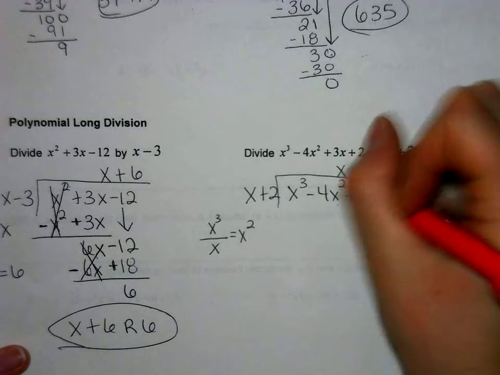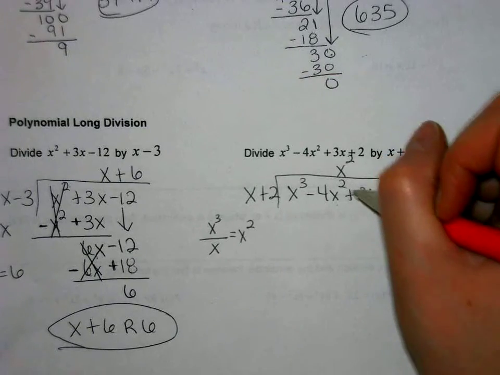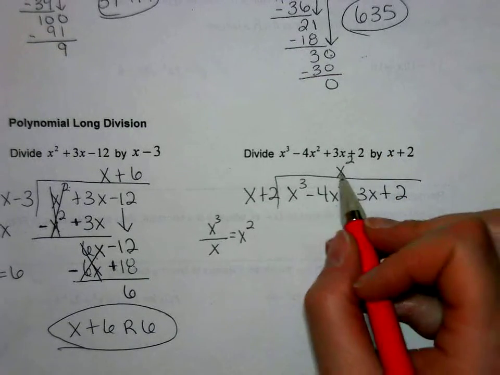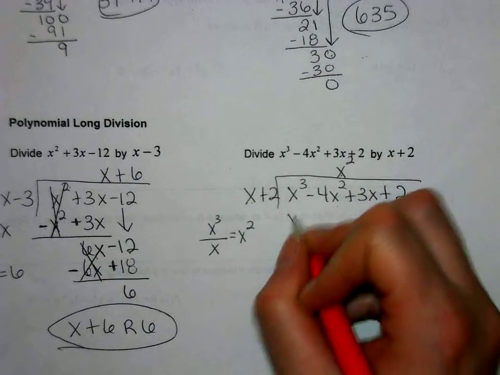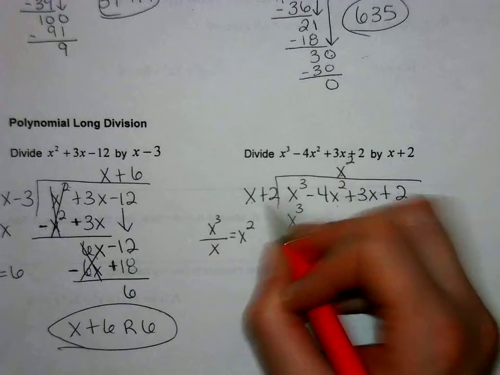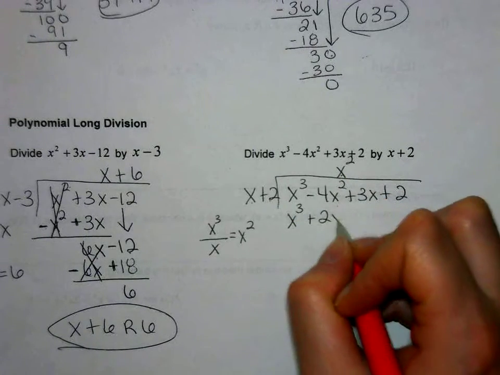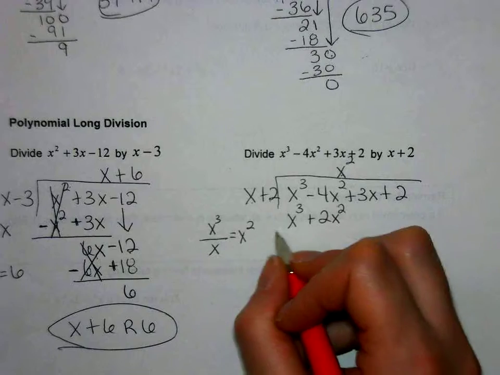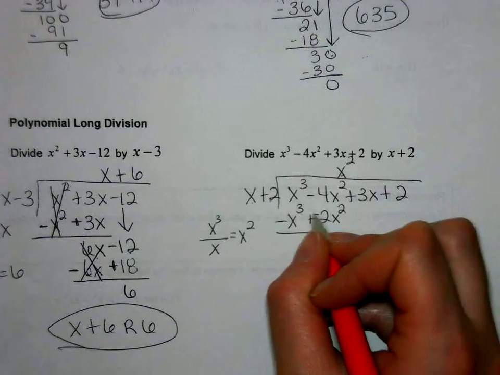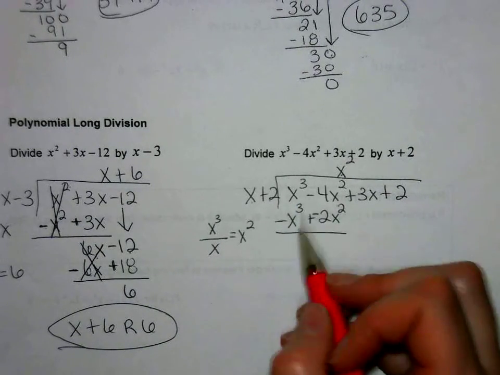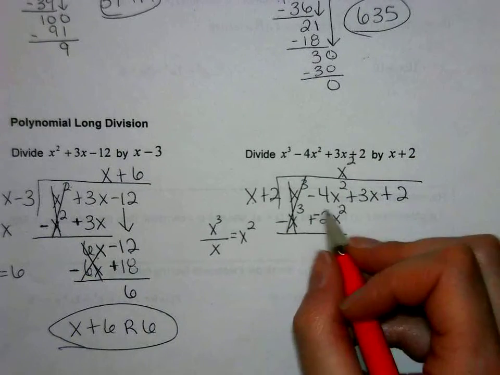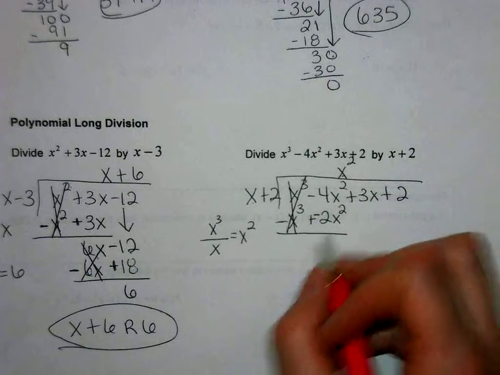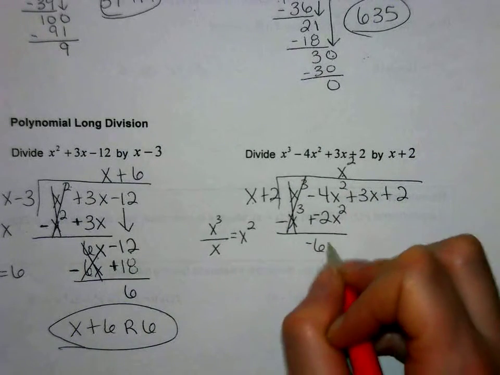So we plug that in on top of our like term. x squared times x is x to the third. x squared times 2 is 2x squared. Draw our lines, change the signs. So x to the third minus x to the third is 0. Negative 4x squared minus 2x squared is negative 6x squared.